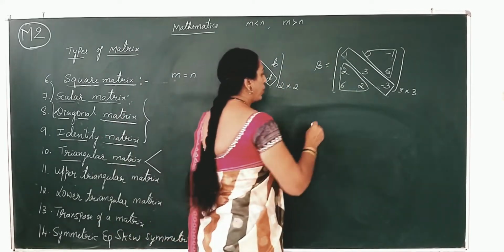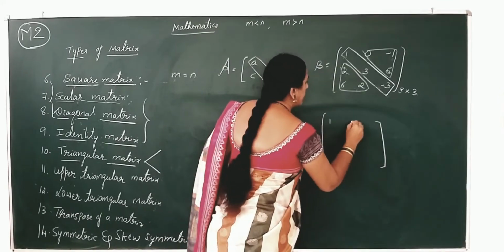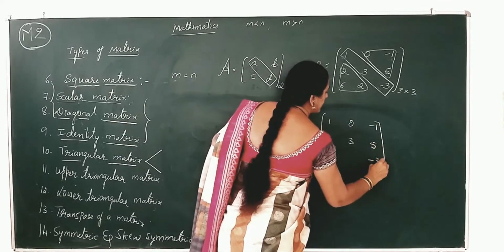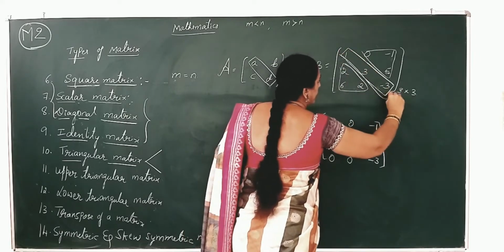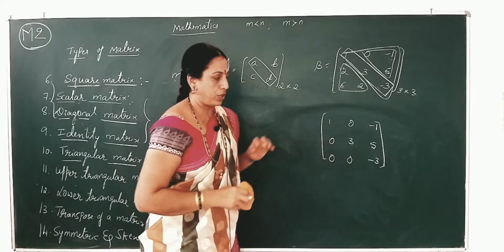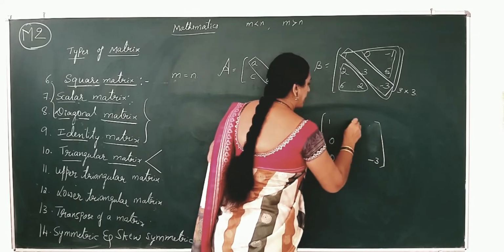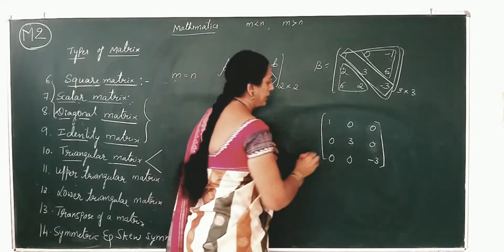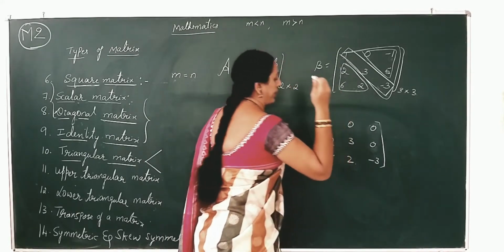Now, in the same example, 1, 0, minus 1, 3, 5, minus 3. But if the lower part of the elements will be 0, otherwise both the upper part and the lower part will also be 0, otherwise only the upper part will be 0 and the lower part will be some different elements.